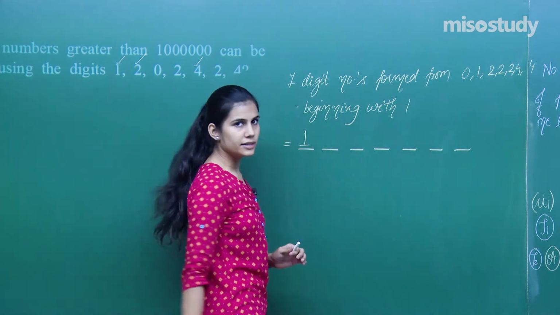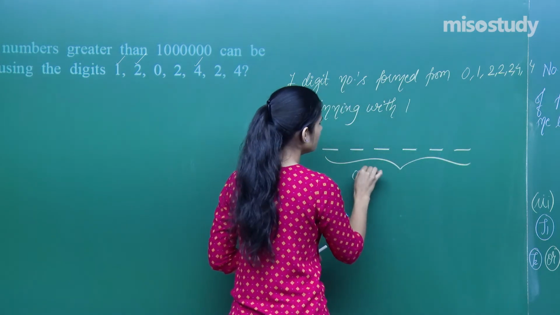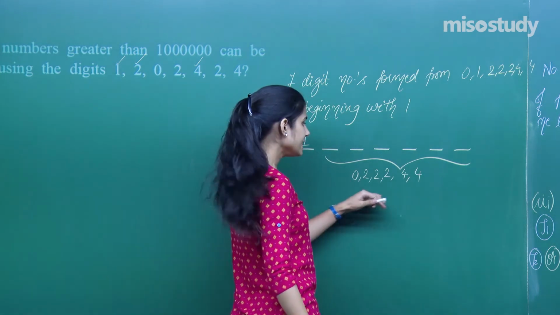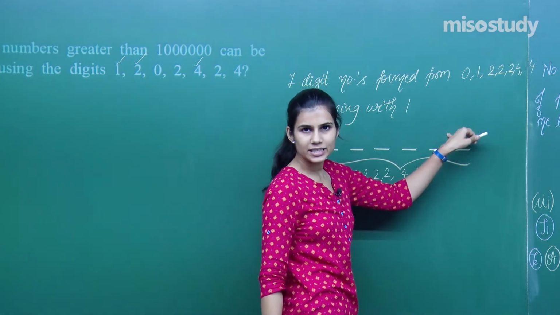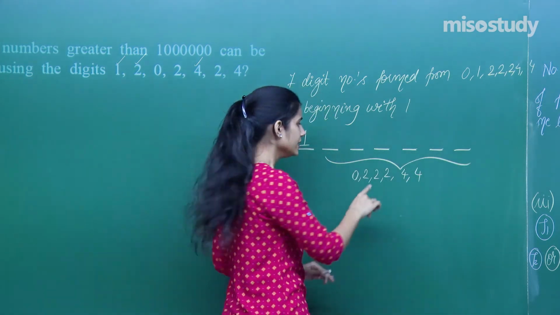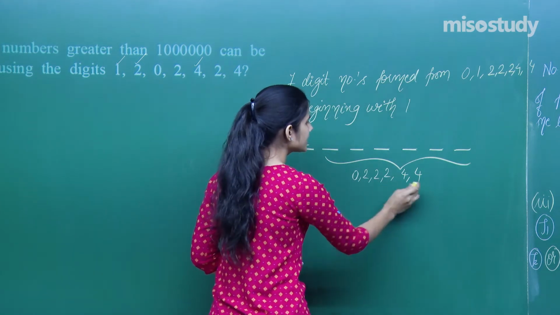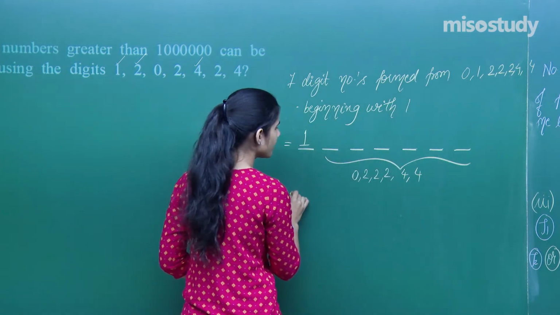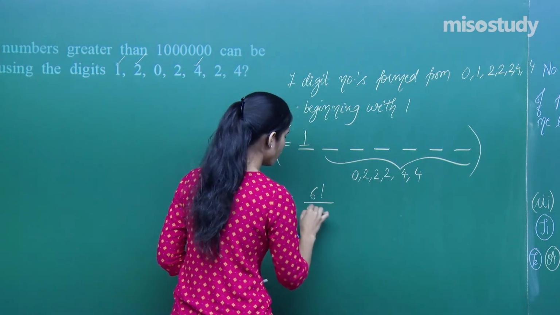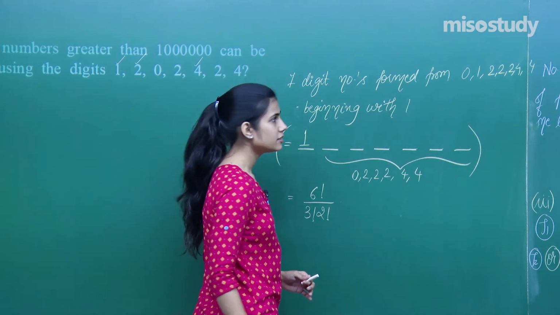First is fixed as 1. Now you basically have 0, 2, 2, 2, 4, 4. These 6 digits can be arranged in these 6 places in how many ways? These 6 digits are not all distinct. 3 2s are there and 2 4s are there. I can arrange these 6 digits in these 6 places in how many ways? In 6 factorial upon 3 factorial into 2 factorial ways, right?